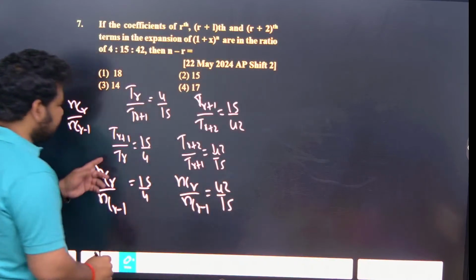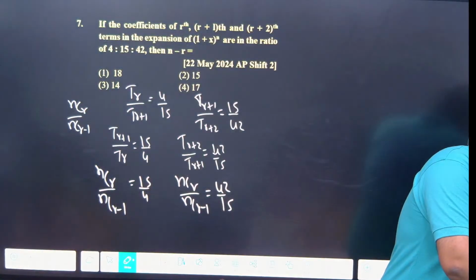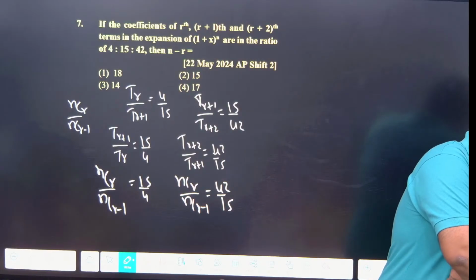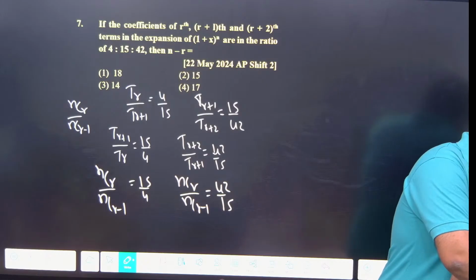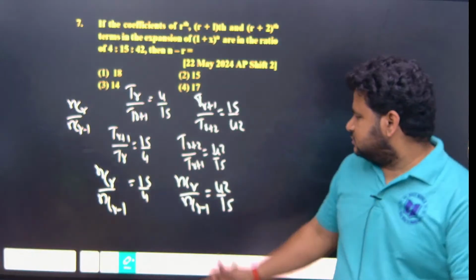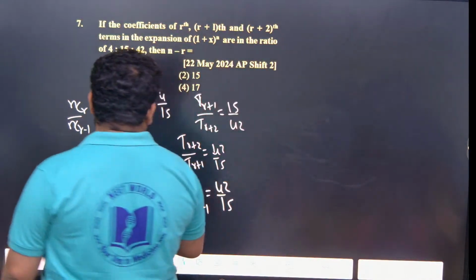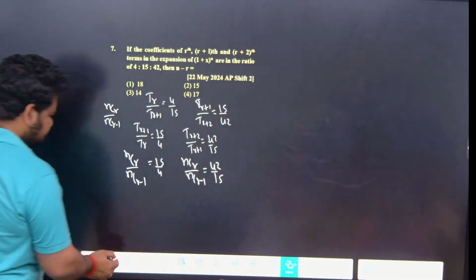But what is the r value here? Think correctly. See, NCr by NCr minus 1 is equal to 15 by 4.